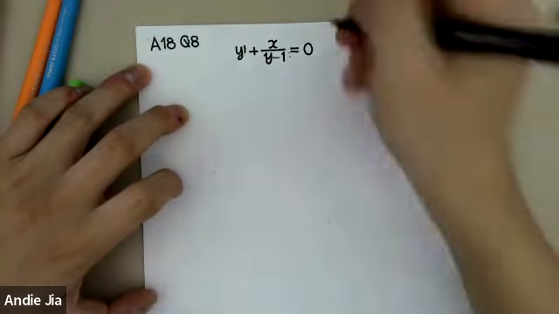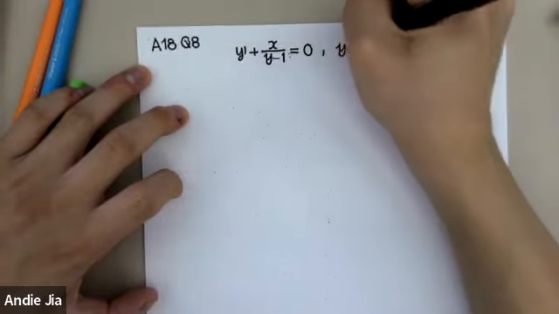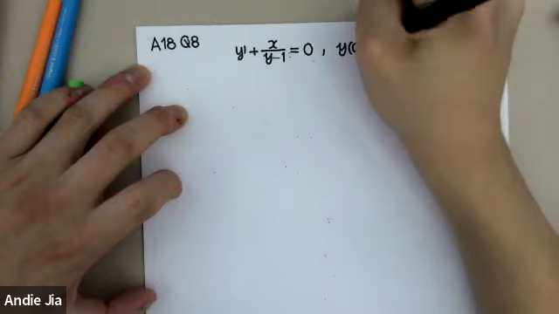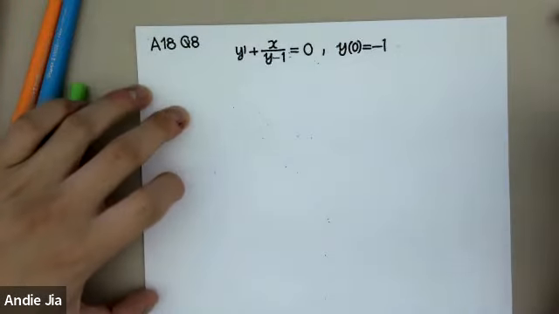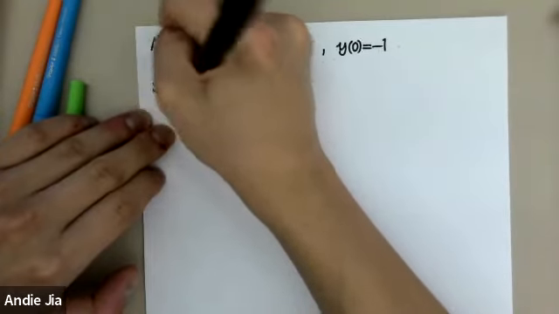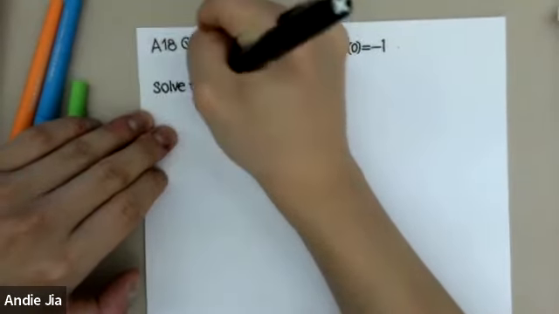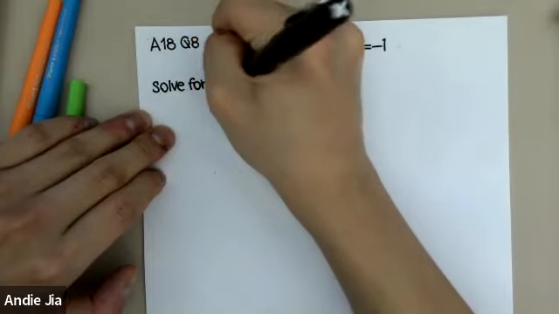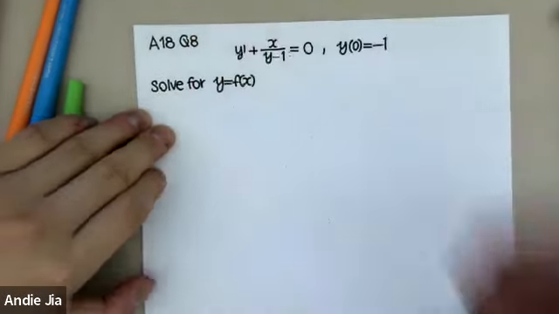The initial condition is y(0) equal to negative 1. Then just solve for y equals f of x. Just give it in explicit form.